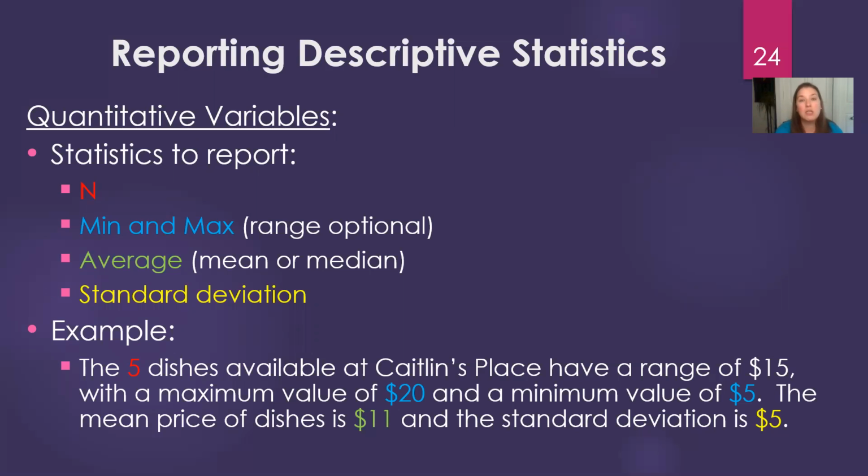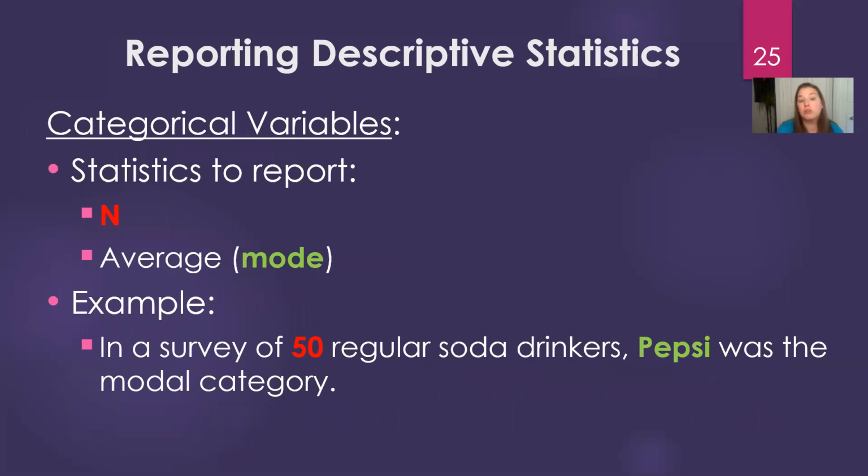This first sentence has the n, the min, and the max. The second sentence has the mean and the standard deviation, or the median and the standard deviation together in the same sentence. Okay, what if though you're reporting the appropriate descriptive statistics for a categorical variable, a nominal or ordinal level variable? This is a little easier, you only have 2 statistics to report, the n and the mode.